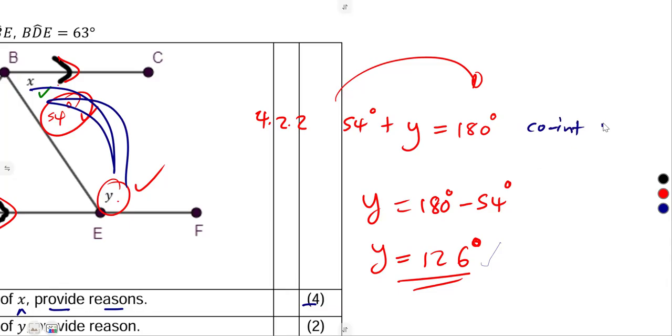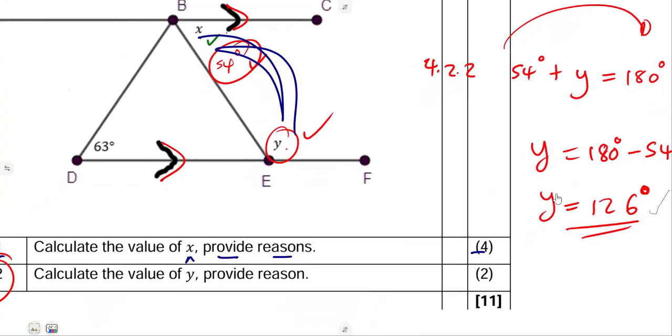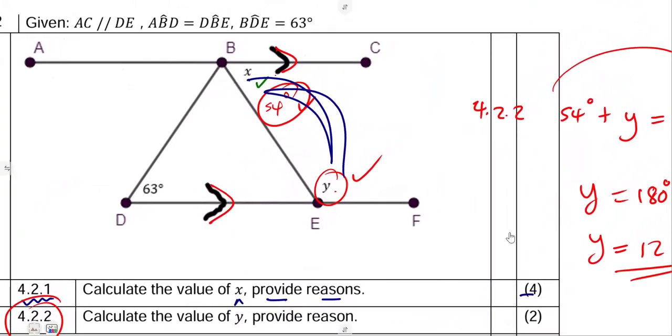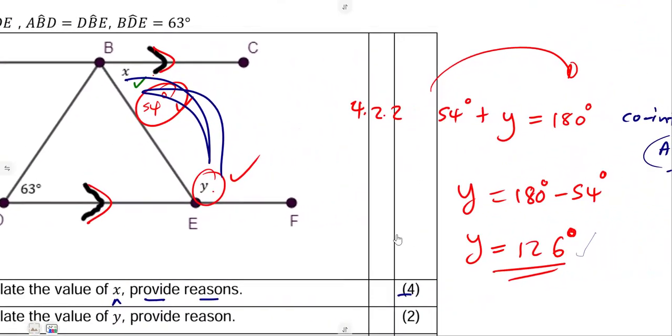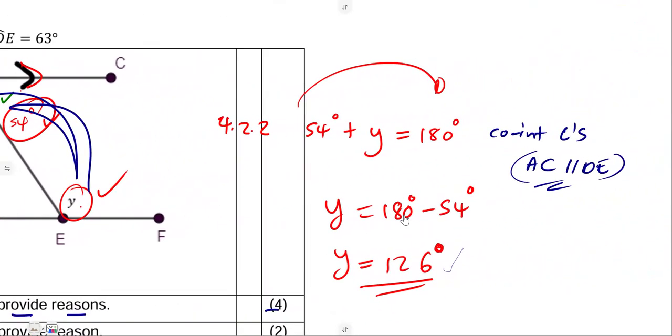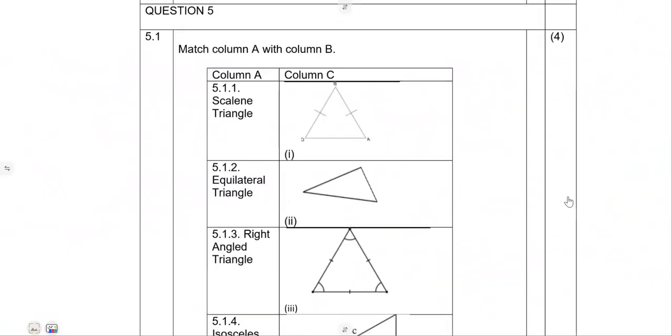Since we are told that AC is parallel to DE or DF. Okay, just like that. So be very careful when attempting your questions. You do not assume, you use the concept the way that it is given. No assumption when answering your questions, all right?